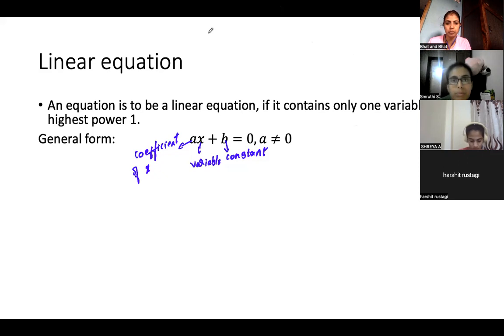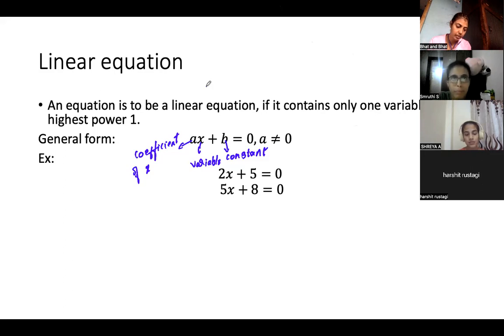For example, 2x plus 5 is equal to 0 is one equation and 5x plus 8 is equal to 0 is another equation. Both are linear equations with one variable, and the degree is 1 for both. So we can call these two a pair.